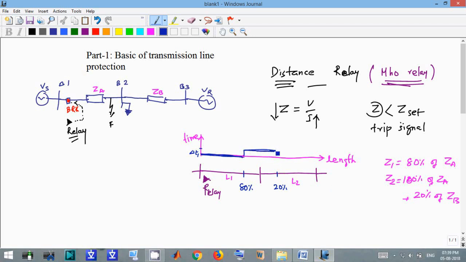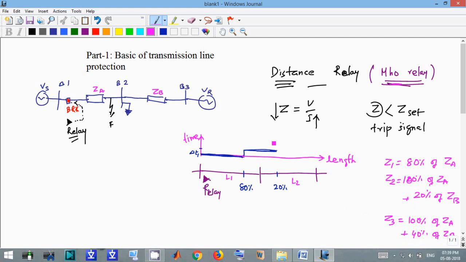Now there is also a backup protection facility in the mho relay, that is our zone 3 protection. It will give 100% protection of line 1, line A, plus 40% of the next line ZB.